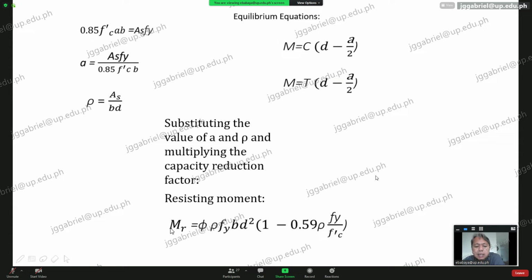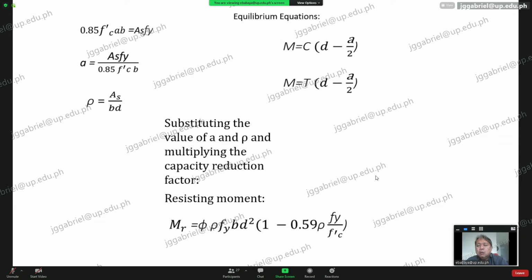Now, MR, that would be the resisting moment. Notice that we have applied this phi in here. What is that? Now, we are considering the dimensions of the cross section of your beam. Therefore, we are investigating the capacity or the strength of your beam.